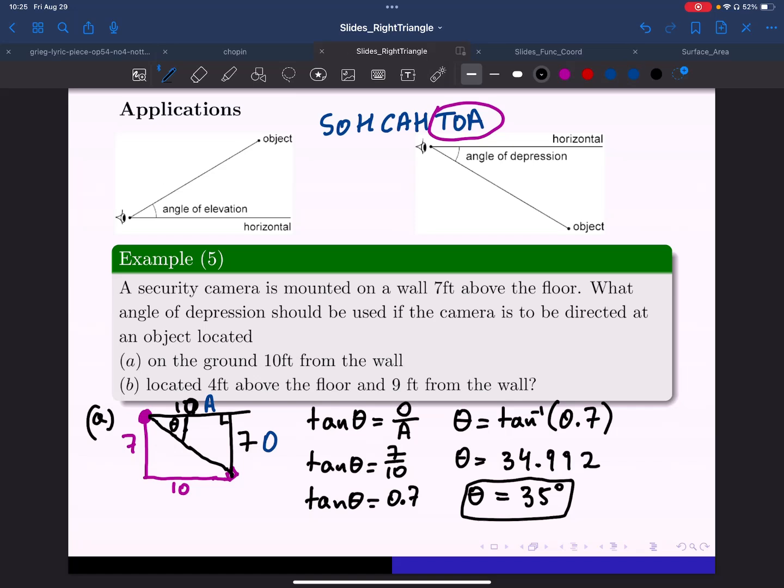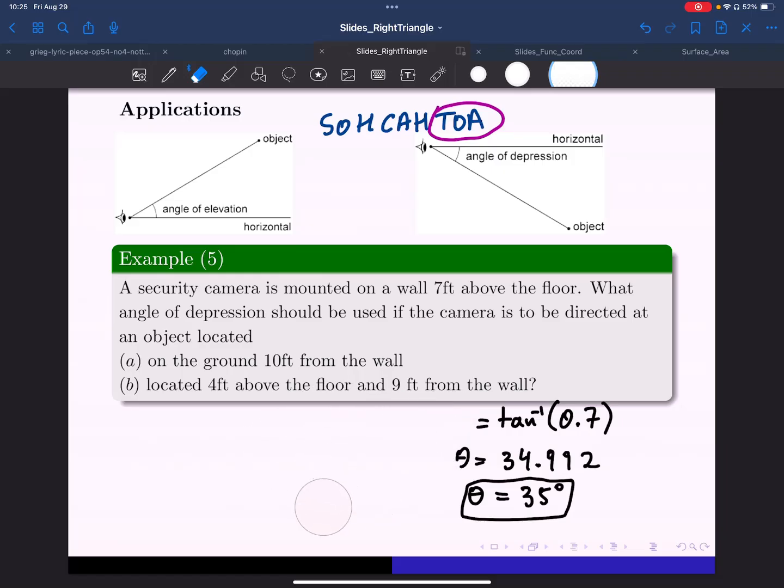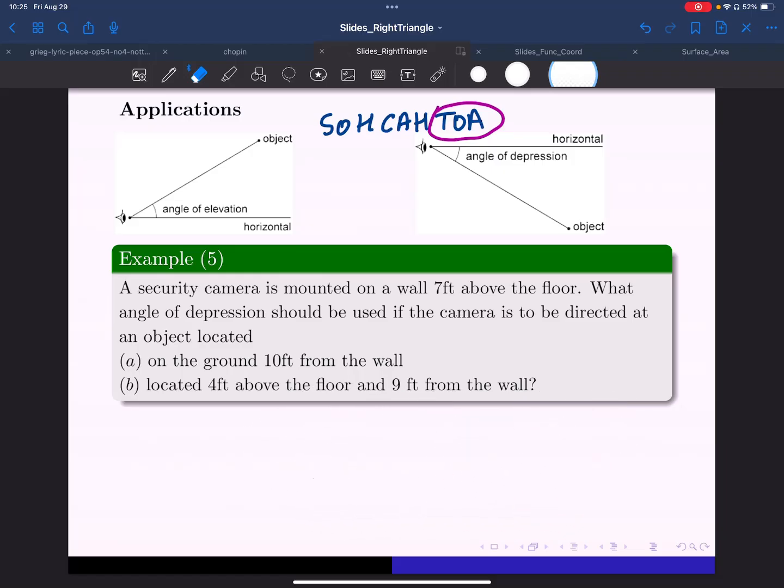For part B, this time we still have the camera located 7 feet above the ground, and this time my object is 4 feet above the ground and 9 feet from the wall.